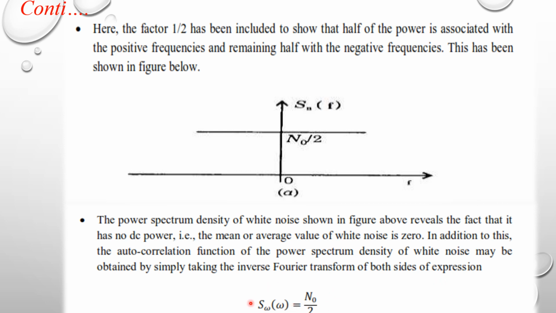So this is the power spectrum density, Sn(f) = N0/2. Now you simply take the inverse Fourier transform on both sides.